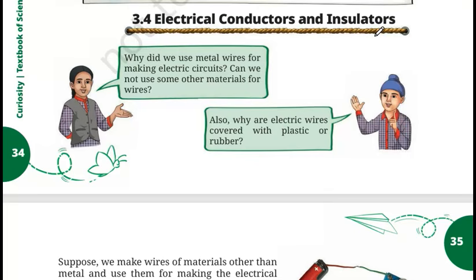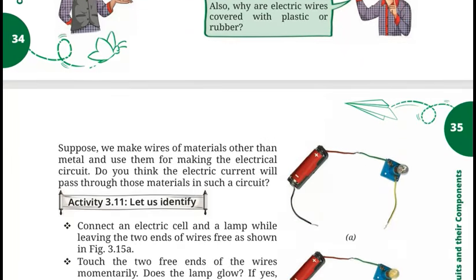So students, every material is categorized in two different categories. Either they conduct electricity or they do not conduct electricity. Materials that conduct electricity are called electrical conductors, whereas materials that do not conduct electricity, which means they do not allow the flow of electricity, are called insulators.